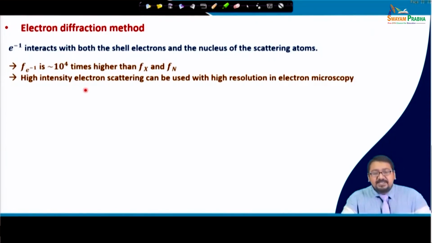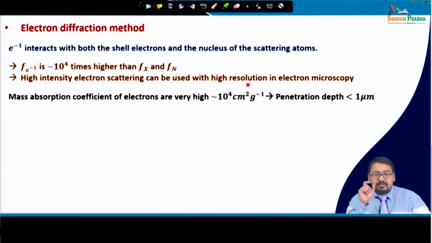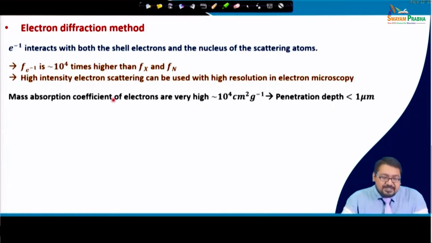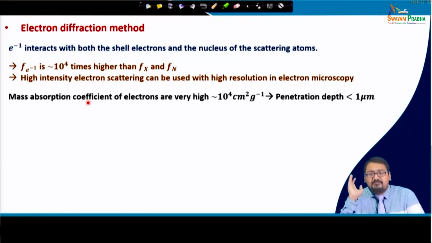So high intensity electron scattering is there, and therefore it can be used for high resolution in electron microscopy. Because of this high intensity and very low wavelength, the mass absorption coefficient of electrons is also very high, much higher than that of X-rays and of course neutrons, about 10 to the power 4 centimeter square per gram.